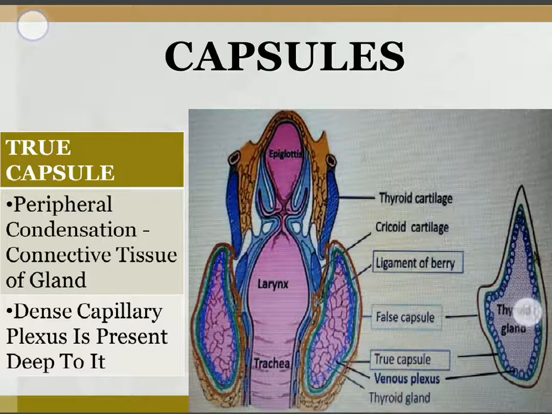The true capsule is formed by condensation of the connective tissue of the thyroid gland, and deep to it you have a dense capillary plexus deep to the true capsule. Unlike the prostate, in the prostate the venous plexus lies in between the true and false capsule, and in the thyroid the plexus lies deep to the true capsule.